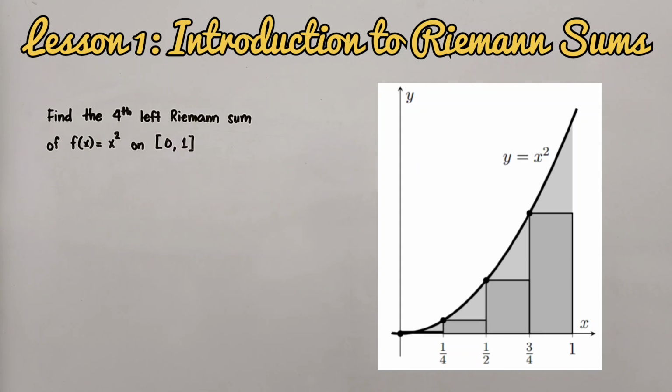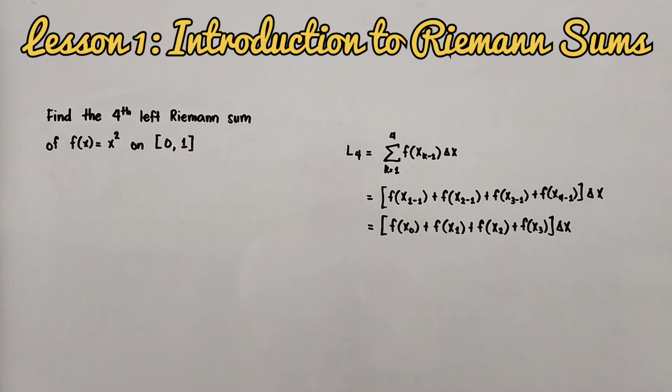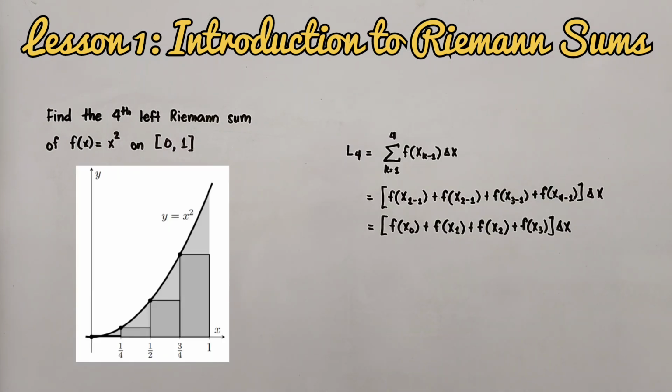Now, we will compute for the fourth left Riemann sum, or the L sub 4. By using the general formula of the left Riemann sum, this is now equal to the summation of f of x sub k minus 1 times the step size, where k is from 1 to 4.